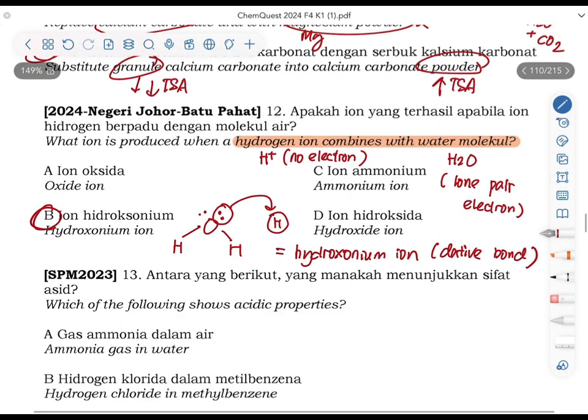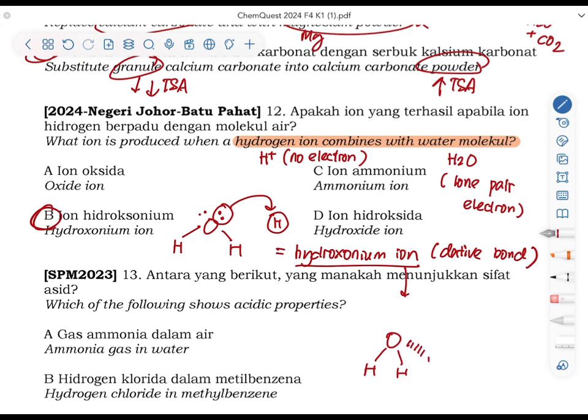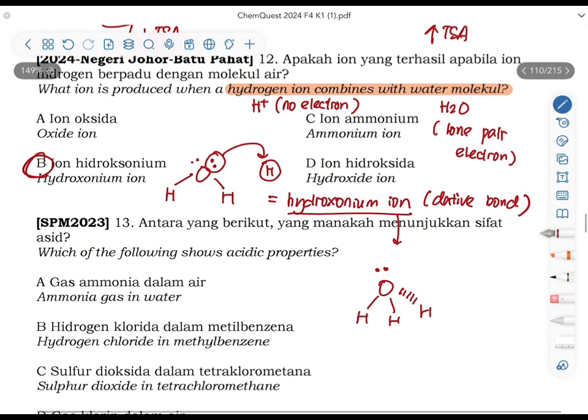You will get the hydroxonium ion, which has the structure like this, with one lone pair of electrons left, and this is your hydroxonium ion.